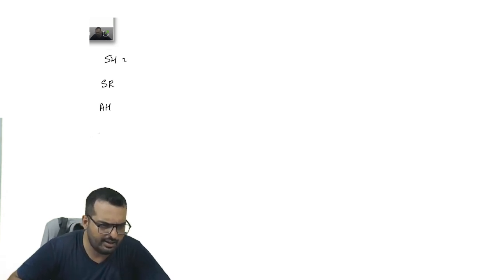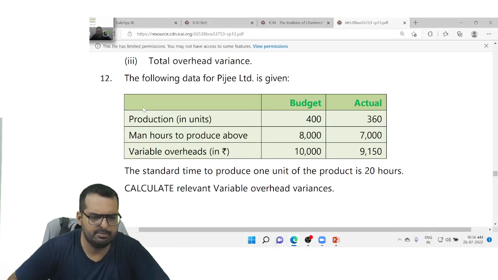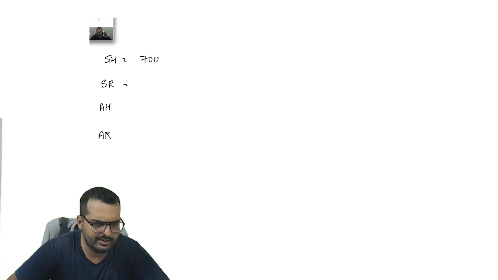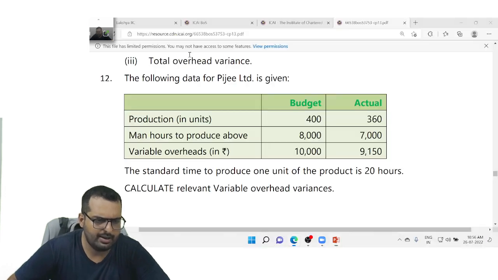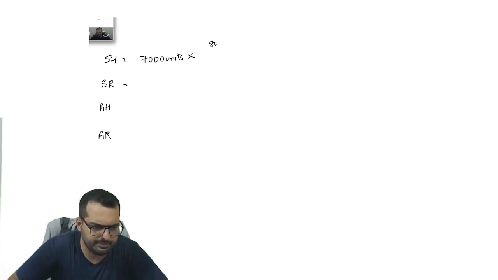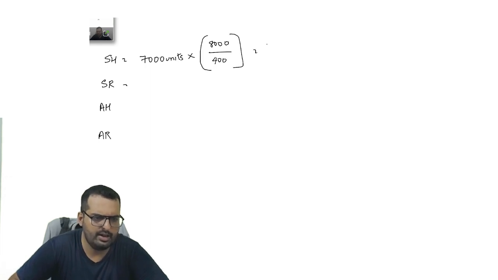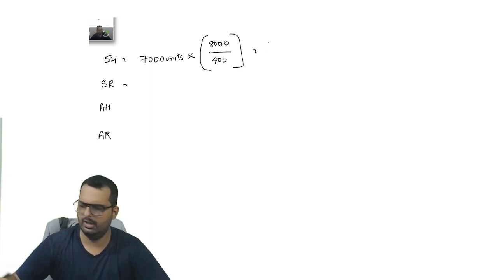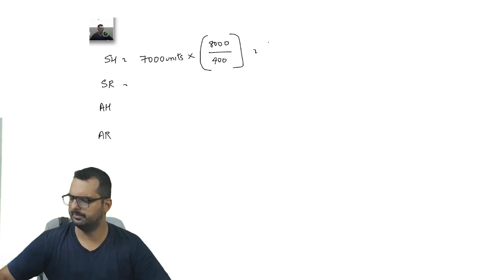SH, SR, AH, AR. SH is based on actual output. So what is the actual output? That is 7,000 units multiplied by standard hours per unit. So here it's 8,000 hours for 400 units, right? So this will give you the standard hours per unit. So what is the answer you get over there? 8,000 divided by 400.